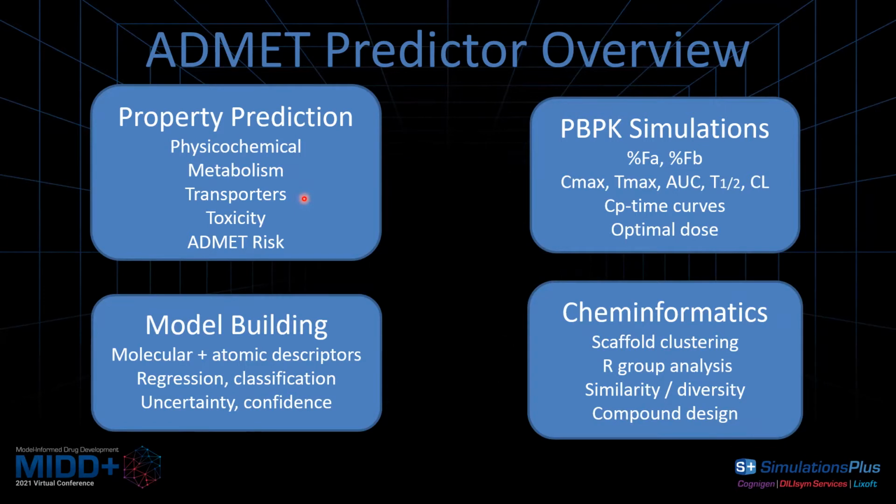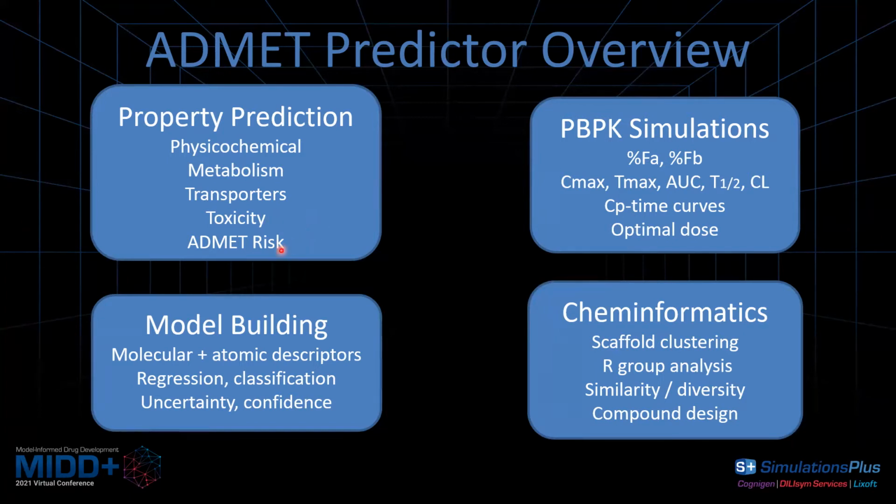Transporters includes substrate, non-substrate, inhibitor, non-inhibitor, and KM models for key transporters, including PGP, BCRP, OATPs, OCTs, and OATs. Toxicity includes Ames mutagenicity, cardiac toxicity involving HERG, carcinogenicity, and several others.